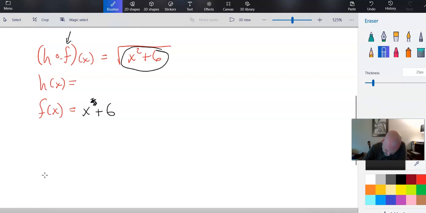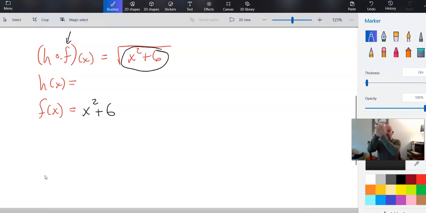Now we have to ask, if this is an x squared plus 6, how do I get that square root on it? Well, I have to be plugging that x squared plus 6 into a square root function for that to happen. And so that makes the other function the square root of x.